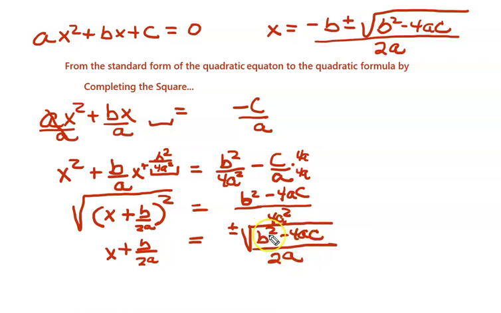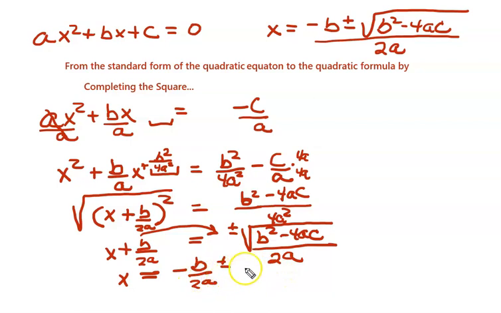I don't know if you can see what's shaping up here. We want to solve for x, so we just take this term, transpose it, and on that side it becomes x equals negative b over 2a plus or minus this, which is 2 items over a common denominator.